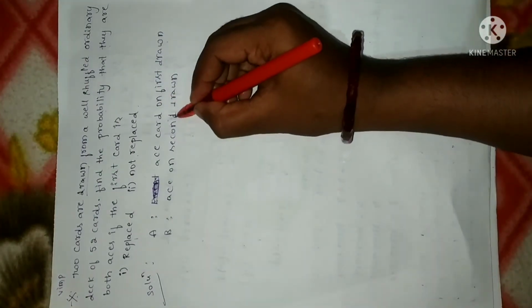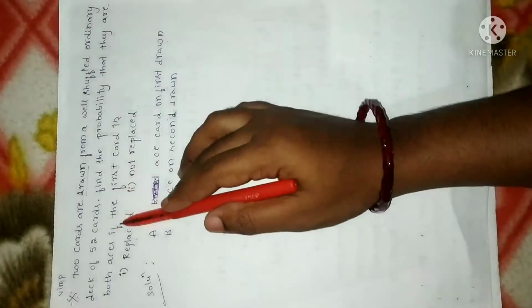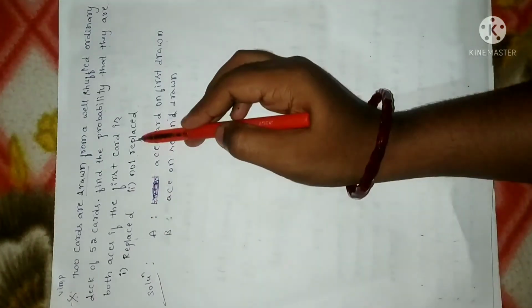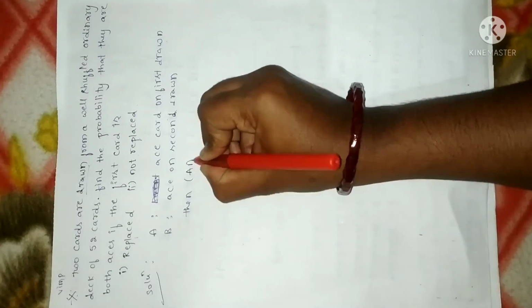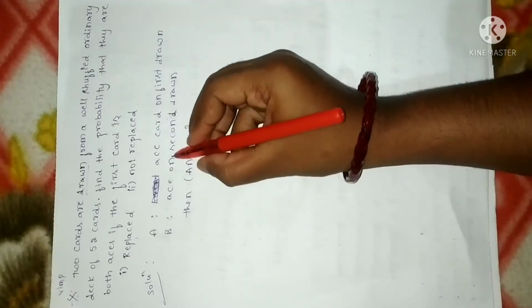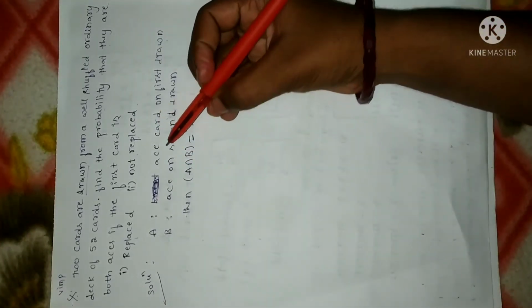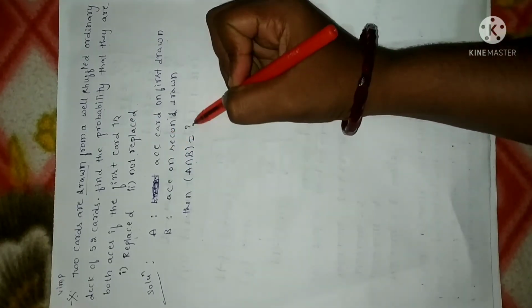So when you draw it the second time, then also it should be an ace card. Then we have to find what the probability is when it is replaced and what it is when it is not replaced. That is, we have to find both, in the sense that when you draw a card from a pack of cards, in both the events you should get an ace card. So that is what we have to find.